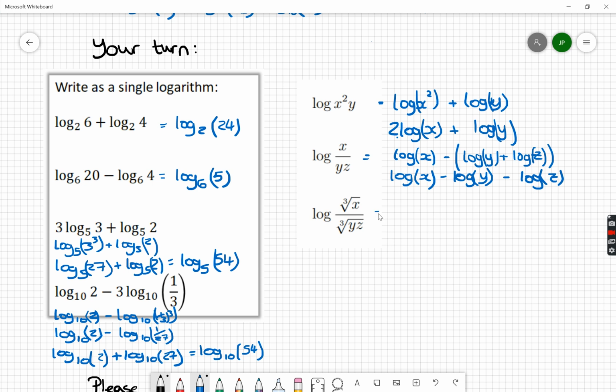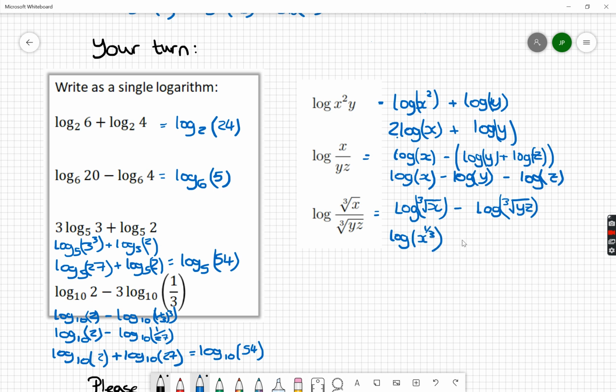Okay, last one, definitely a bit harder. So we'll have log of root x, cube root x even, minus, just stick that in brackets, log of cube root yz. Now if we want this as logs of x, y, and z, we'll have log x to the power of a third, so I've just changed that to a power.